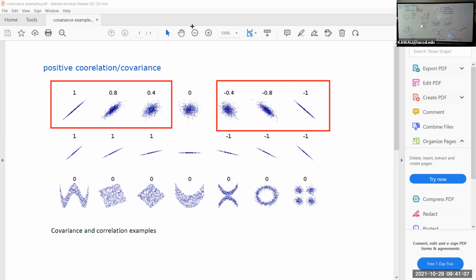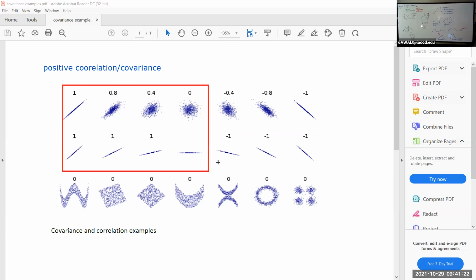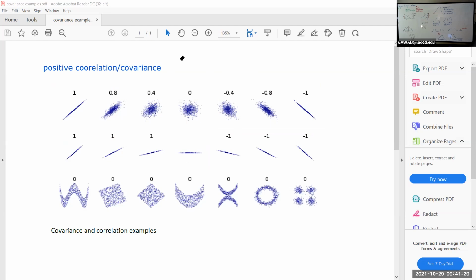Actually, I should draw it this way. Let me erase this. Okay, so all of these have a positive correlation. Oh, shoot, I messed it up again. These 6 right here have a positive correlation. So it can be fuzzy, and we don't care about the slope.